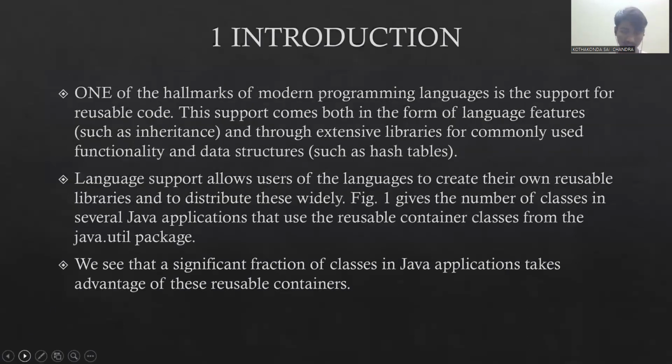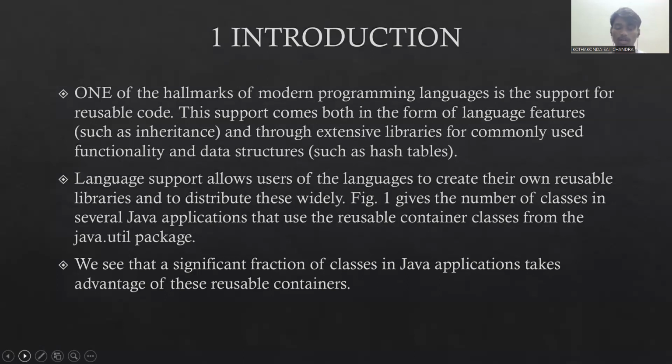So next slide is the introduction of the topic. One of the hallmarks of modern programming languages is the support for reusable code. This support comes both in the form of language features such as inheritance and through extensive libraries for commonly used functionality and data structures such as hash tables.